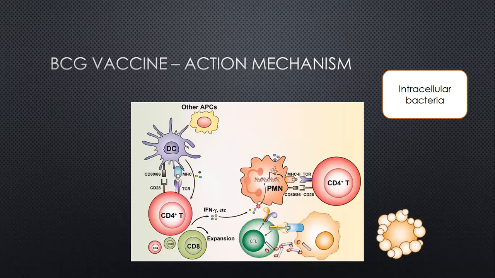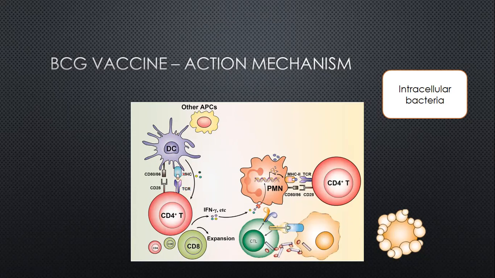The bacteria gets ingested by the dendritic cell, right? And as I told you, it puts one small part of the antigen with an MHC molecule and presents it as an antigen presenting cell, right? Presents it to a CD4 positive T cell, joining through the T cell receptor. That is what this TCR stands for, T cell receptor.